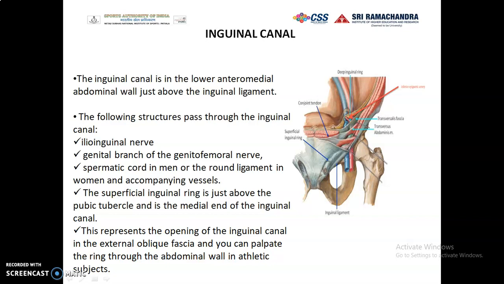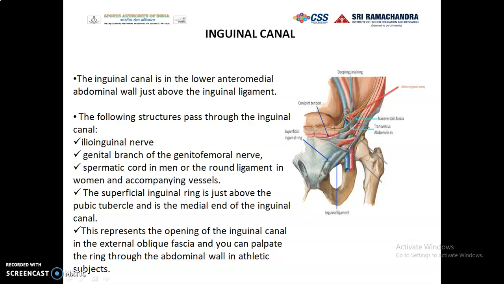And then obviously we should know what the structures are that pass through the inguinal canal. What are the main structures? Number one is the ilioinguinal nerve, then the genitofemoral nerve, its genital branch, the spermatic cord in men or the round ligament in women, and accompanying vessels.